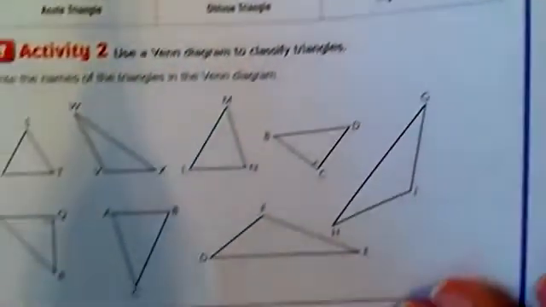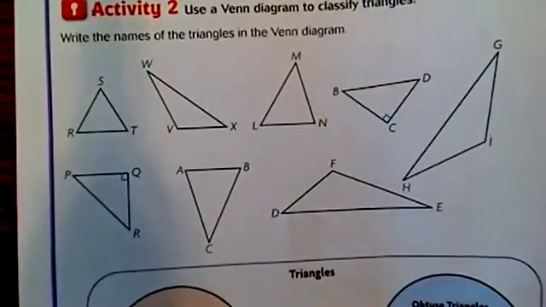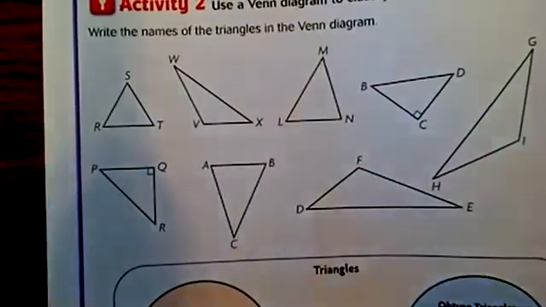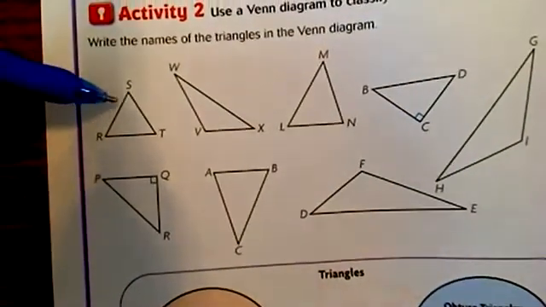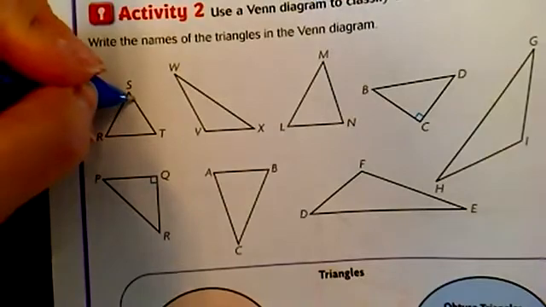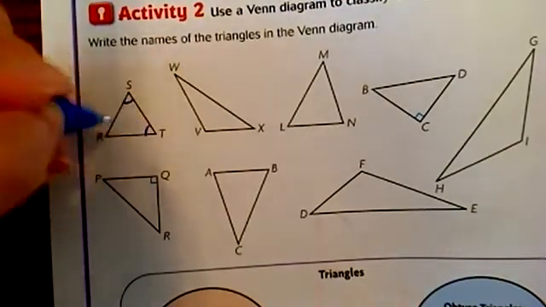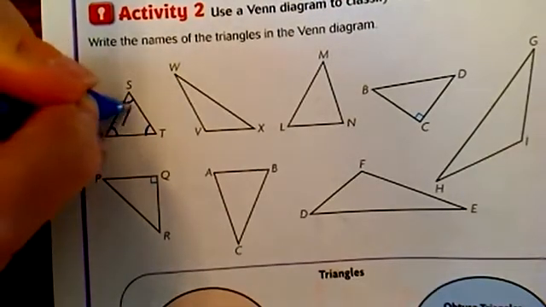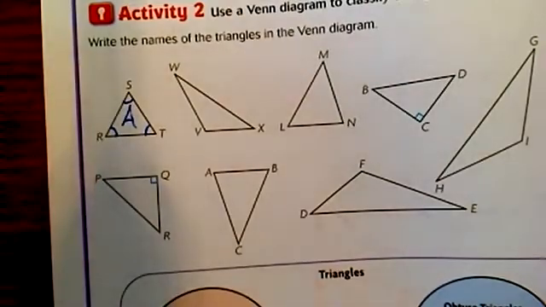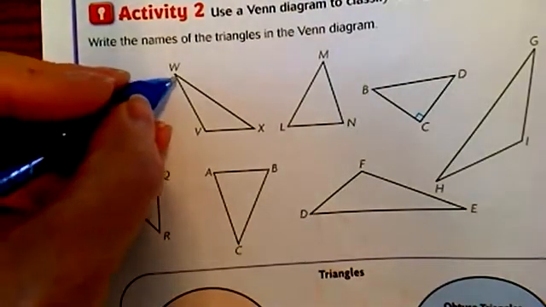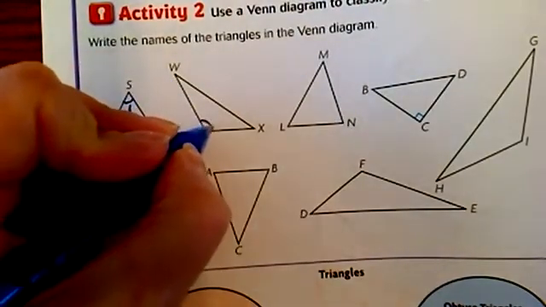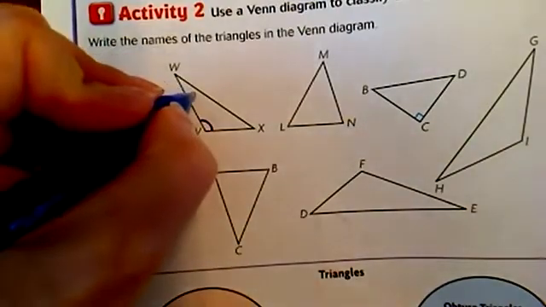Let's take a look and see if we can determine what these are. Again, we're classifying triangles. They all appear to be less than 90 degrees. This is going to be an acute triangle. How about this one? This angle here looks larger than 90 degrees.